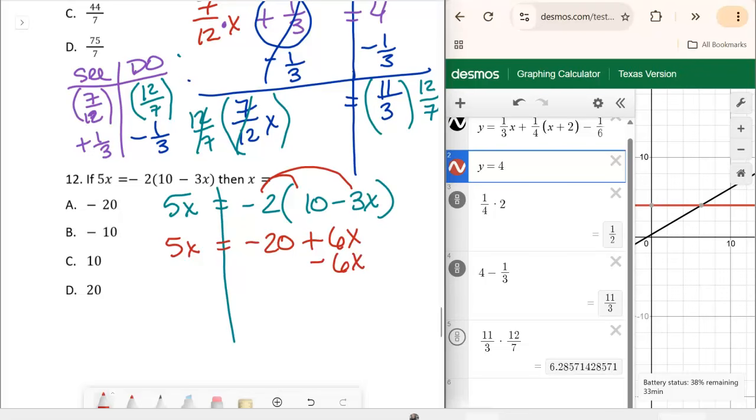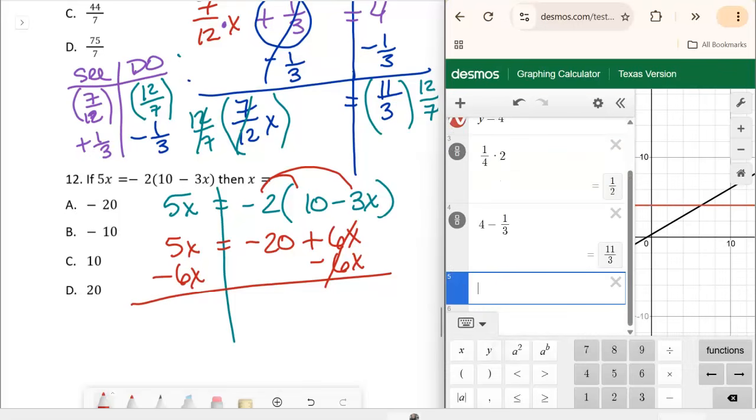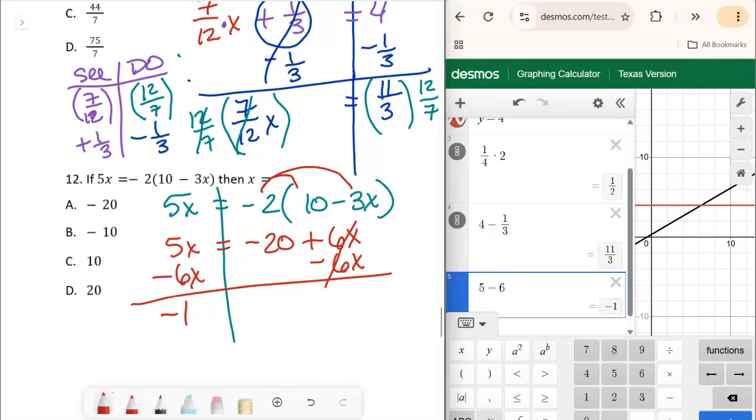Subtract 6x from both sides. That leaves you with 5 minus 6. That's a negative 1 x equals negative 20. Divide both sides by negative 1, and that will give you your answer.